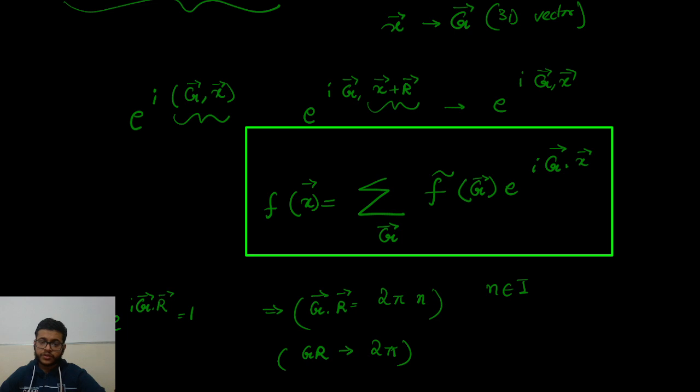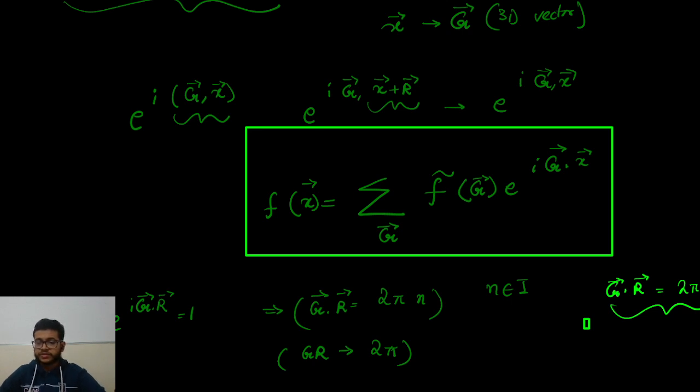Now, if we look at this and ask what the condition for this to hold is, we will see that G dot R has to be an integral multiple of 2 pi. That is the main constraint to find what the G's are.